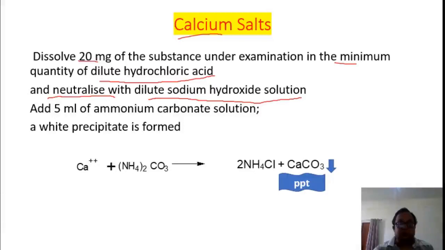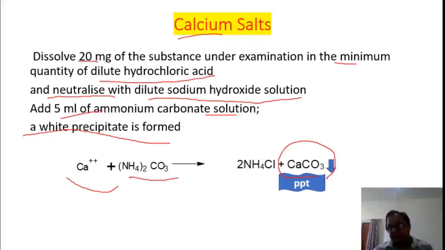Followed by it, we add 5 ml of ammonium carbonate solution. It gives a white precipitate. See, calcium ion is reacting with ammonium carbonate and it is forming the white precipitate of calcium carbonate.